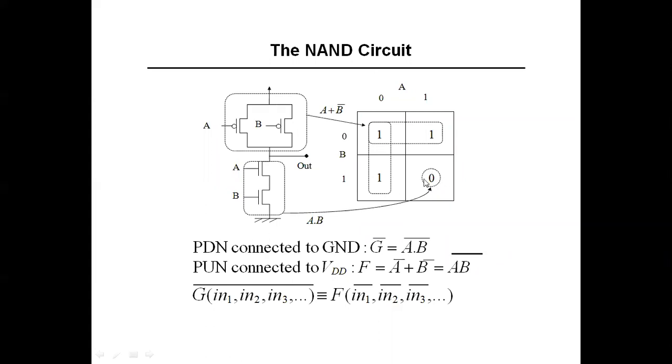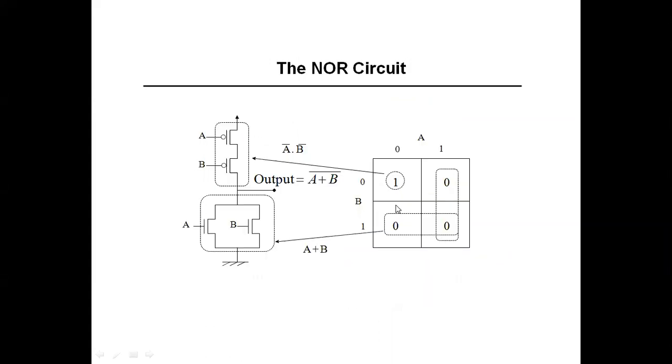Similarly, you can study here, as it's a 1 alone, it is A and B. That means for whatever bit is alone, you can represent it with a series combination, and for the rest of the combinations you can use the parallel combination.